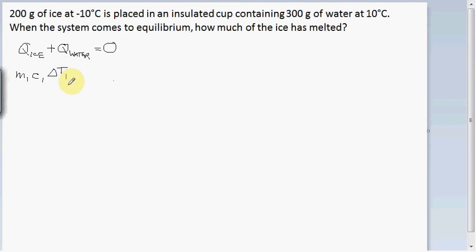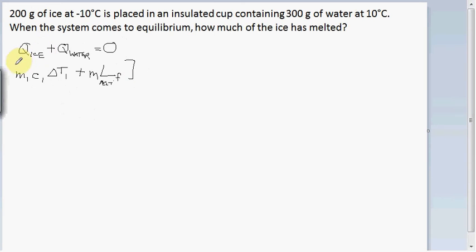Once it's up to 0 degrees Celsius, it can start to melt. So plus the mass times the latent heat of fusion, which is the amount of heat necessary to melt ice. This m is not the total mass of all of the ice, though. It's only the ice that actually melts. So it's the mass that melts times the latent heat of fusion.